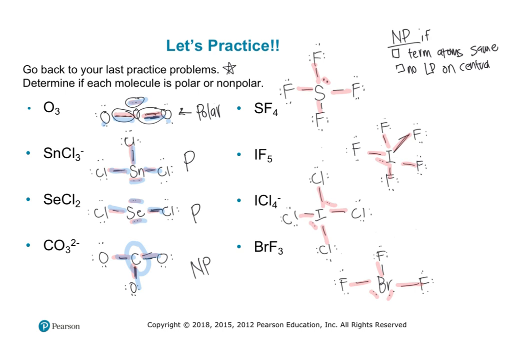Similarly over here for these last four, we have four fluorines attached, cool, but one lone pair, that makes that polar. We have all fluorines here, so that's good, but there's a lone pair, so this one's polar. Here we have four bonds toward chlorine and two lone pairs.